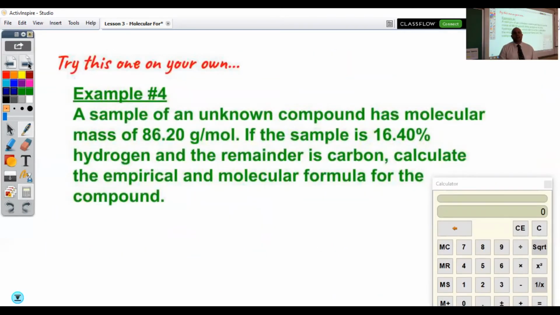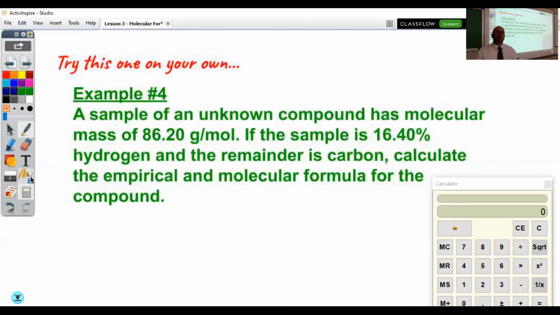Let's take a look at our last example. In this case, we are told that we have an unknown compound. It has a molecular mass of 86.20 grams per mole, and we're told that the sample is 16.40% hydrogen.